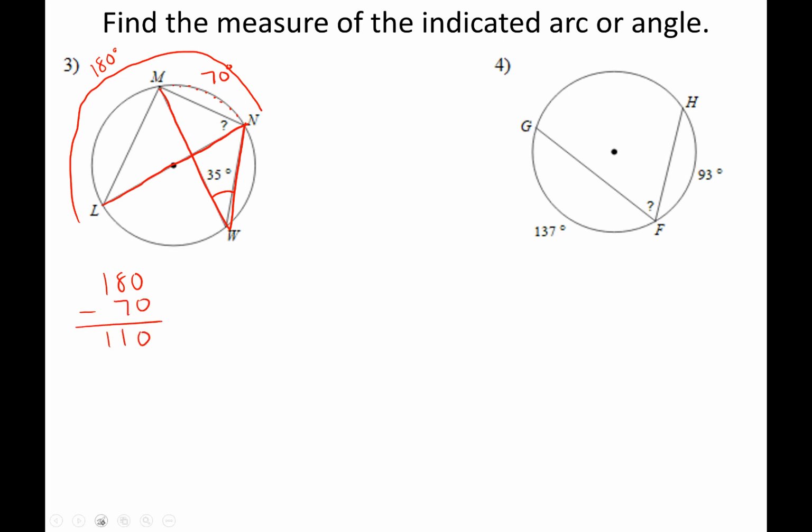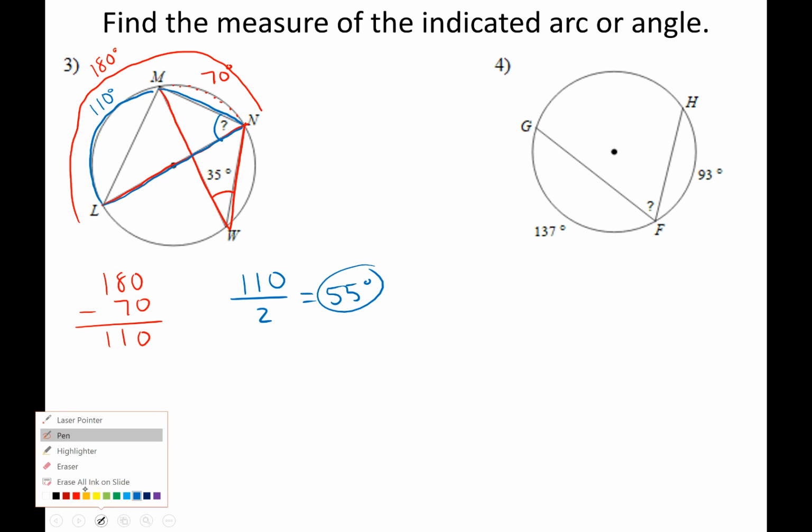That 110 then represents this arc from L to M. Then if I trace back from L and from M, I see that those actually connect to the angle there. And again, the angle is half the arc. So I take the arc and divide it by 2, and I get 55 degrees. On to the next one.